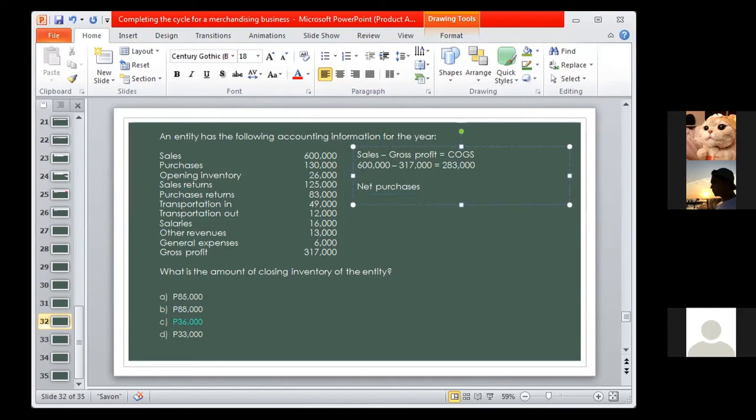Tapos, add pa dito yung transportation in, para makuha yung sinasabi natin kanina na net cost of purchases.